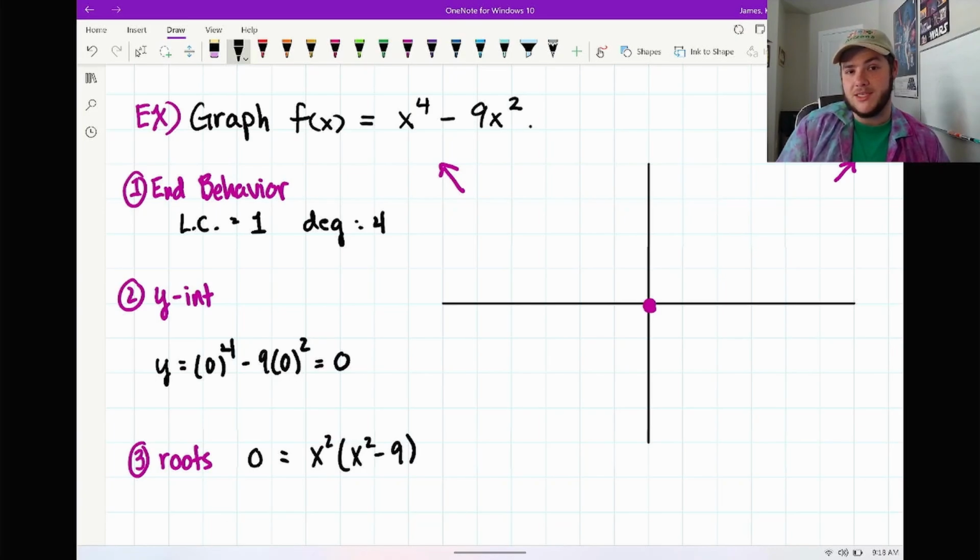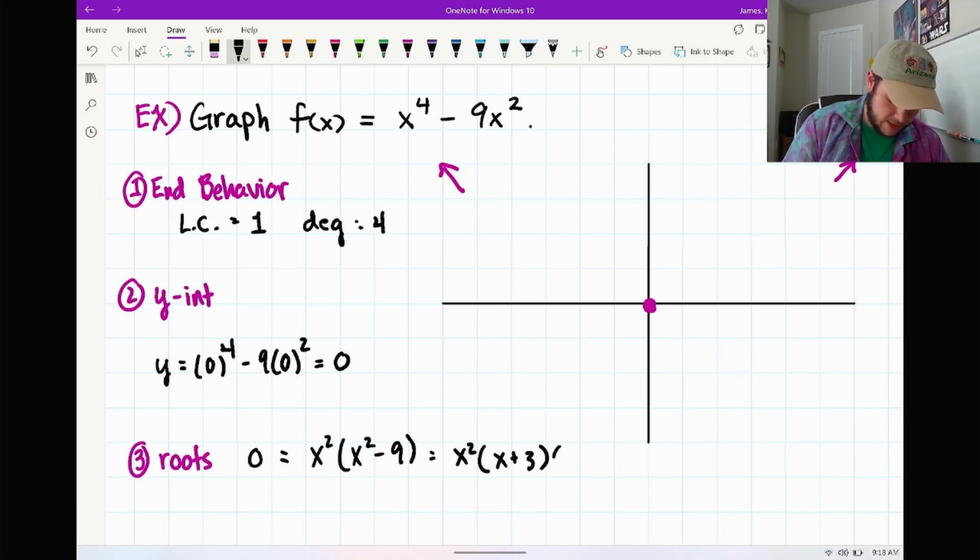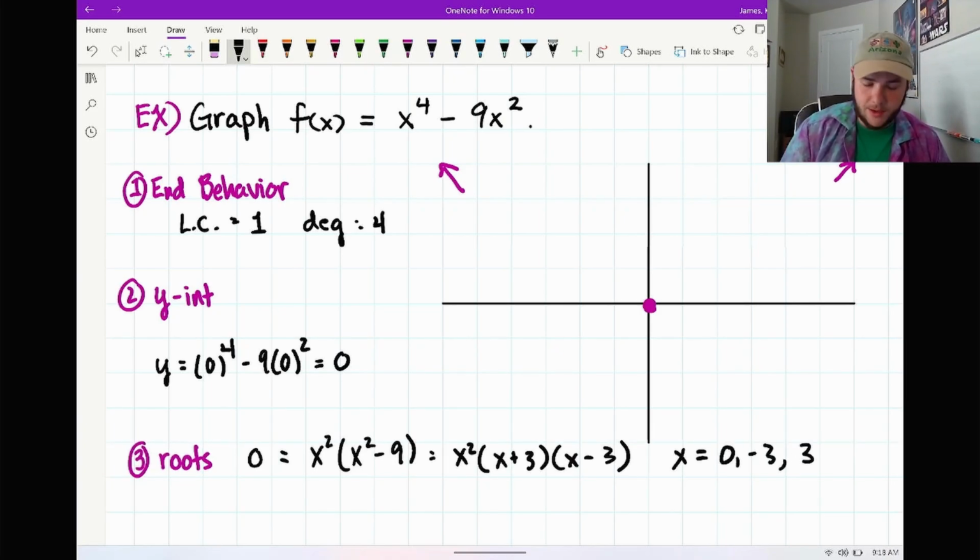That x squared minus 9 term, though, can be factored even further, because it's a difference of squares, into x plus 3 and x minus 3. So I know the roots are x equals 0, negative 3, and 3. And now I plot them all. I've already got 0. I need negative 3 and 3.